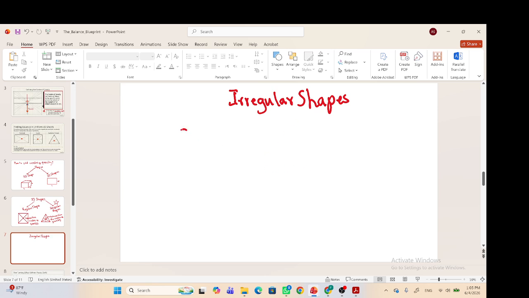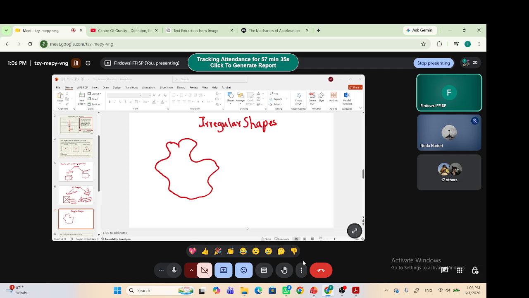For example, you have an object like this one. How to find the center of gravity of this object? Do you have any solution, any idea about this one? Okay, waiting for you if you have any idea. No?